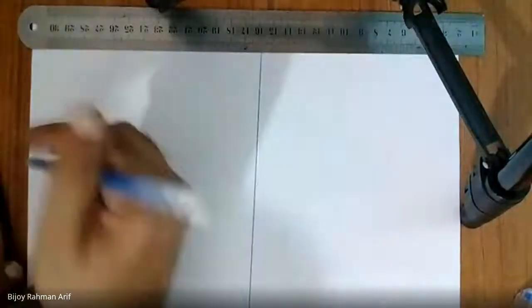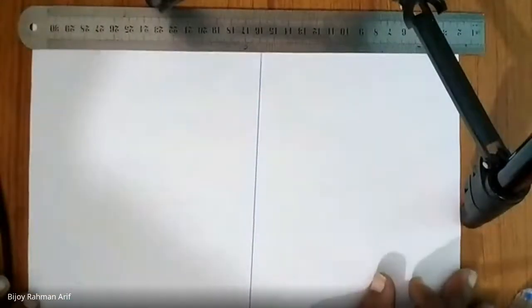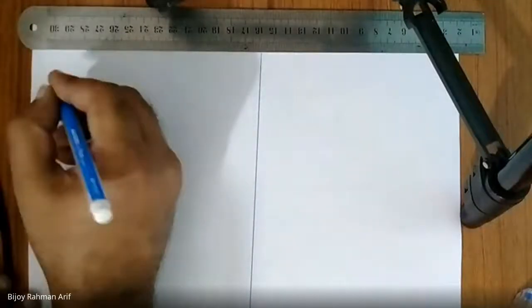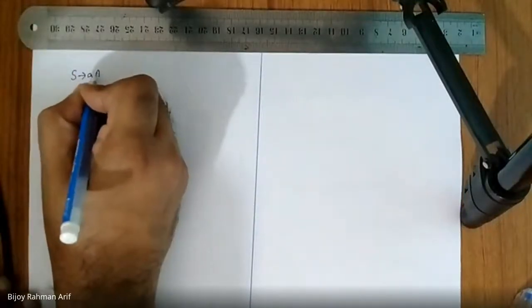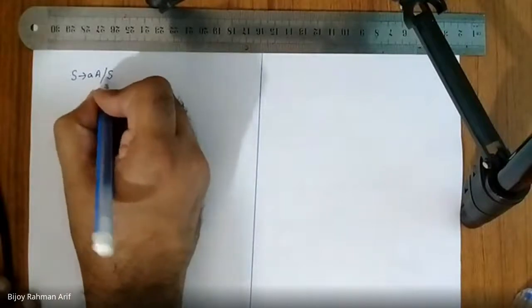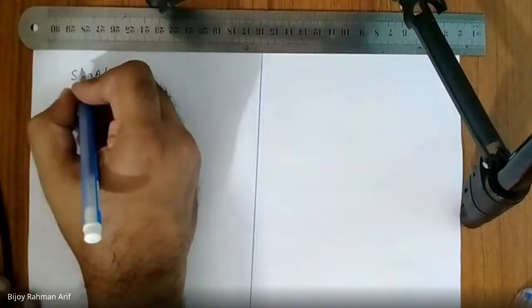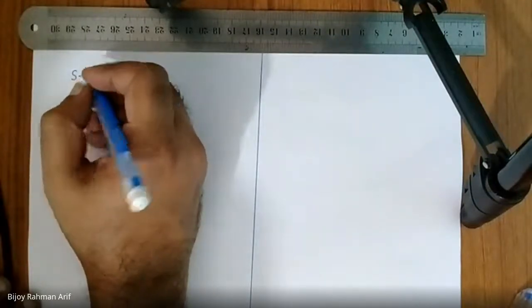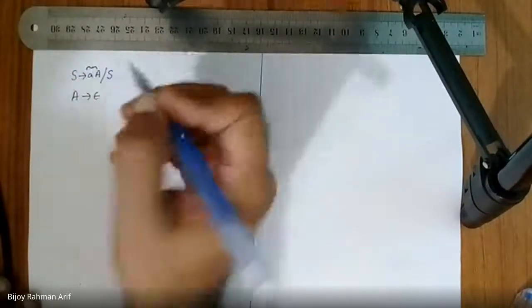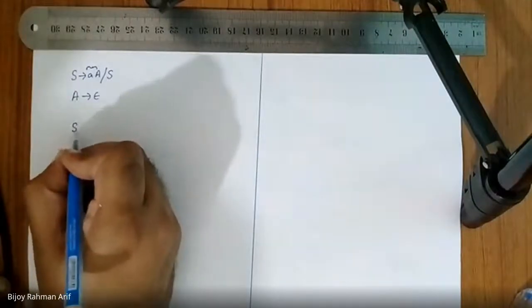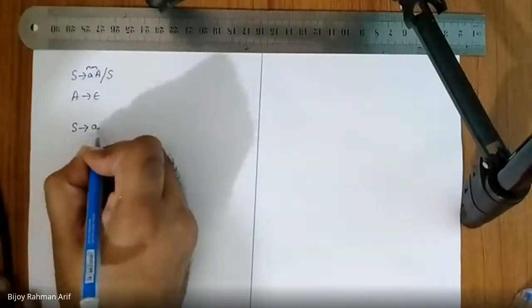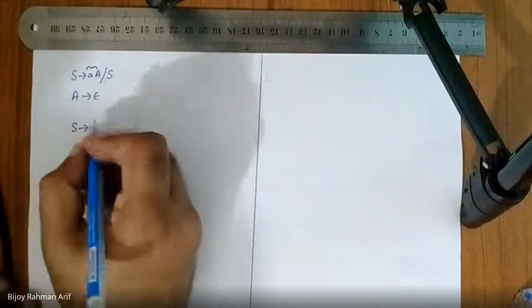She asked, sir, if it is something like this: S derives A or S, and A derives directly to epsilon, then yes, same process. We are trying to find out the appearance of A on the right-hand side. It is here. Then what happened? We have to write it directly.